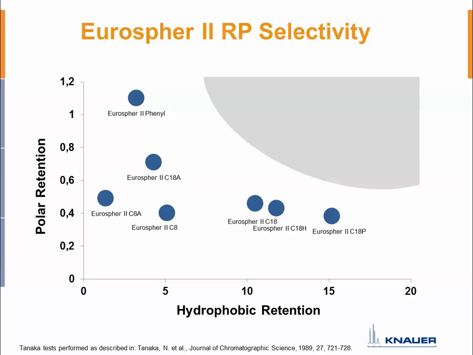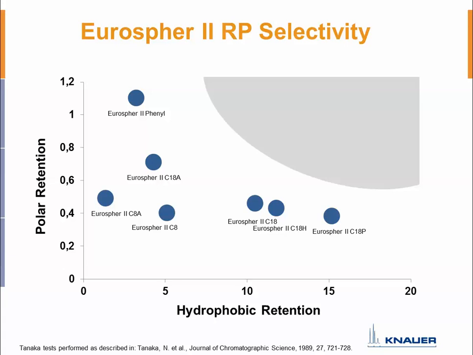So now if we are comparing the reversed phase selectivity, we talked about polar retention and also about hydrophobic retention. So these interactions make up most of your retardation. Also the steric interaction, but these two here are more important in general. When you compare them, you can do some tests, and we did it for our columns using Tanaka tests.